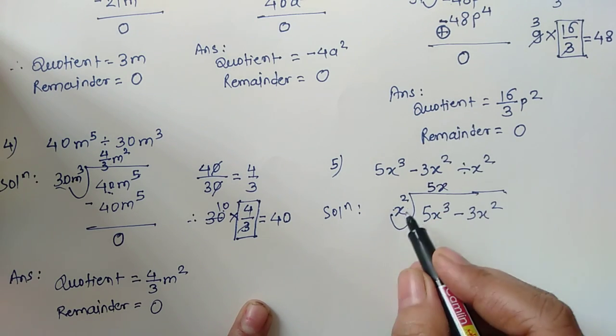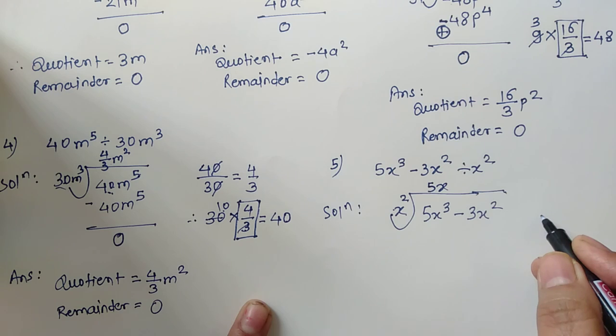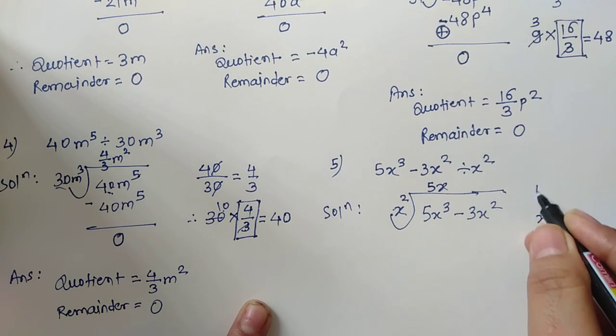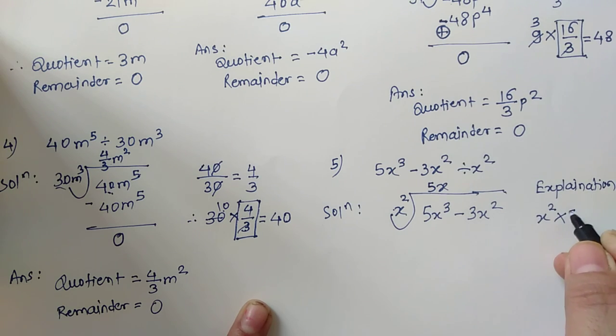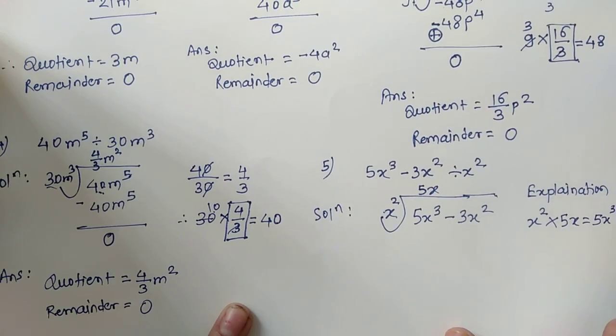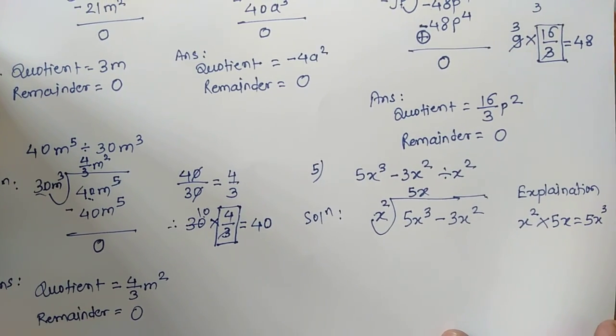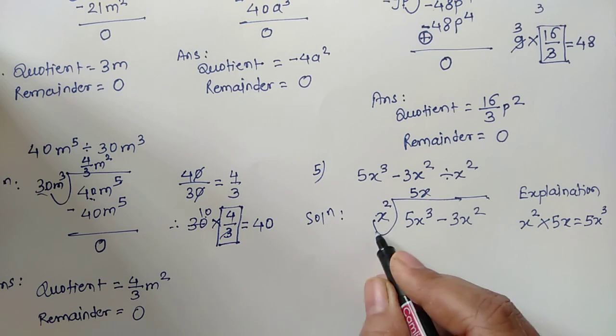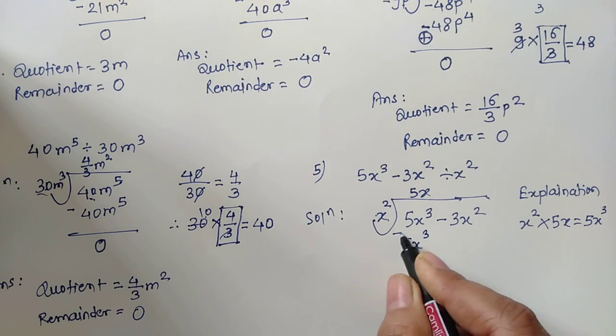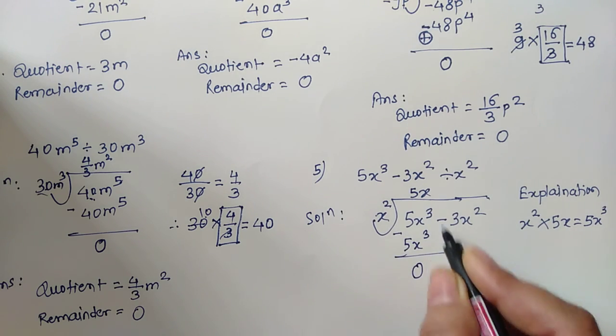So this is 5x. So x square into 5x, see here, explanation part here. X square into 5x is 5x cube. So 5x cube, take the subtraction here, remainder is 0.